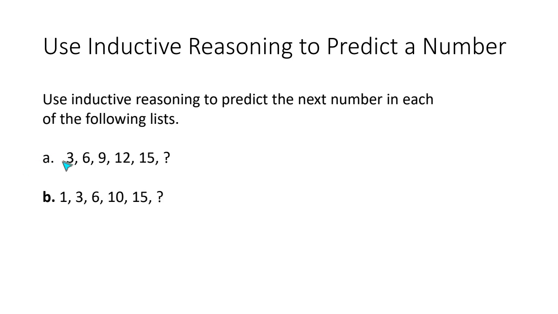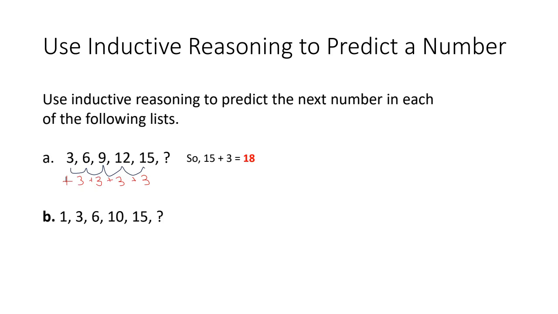We have the first one, 3, 6, 9, 12, and 15. So we want to observe what's happening from each number to the next. We go from 3 to 6, then from 6 to 9, then from 9 to 12 and 12 to 15.